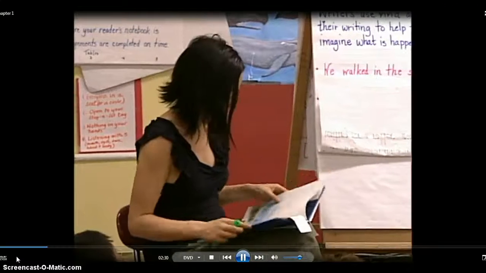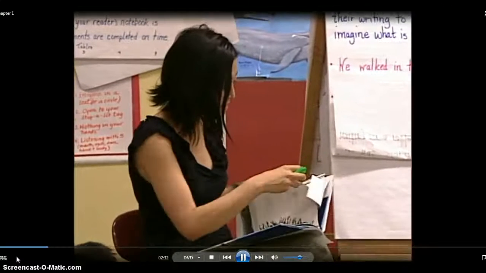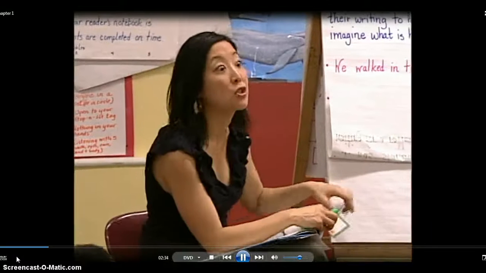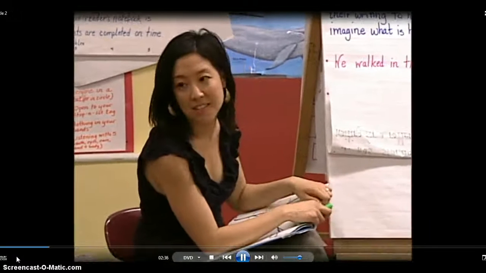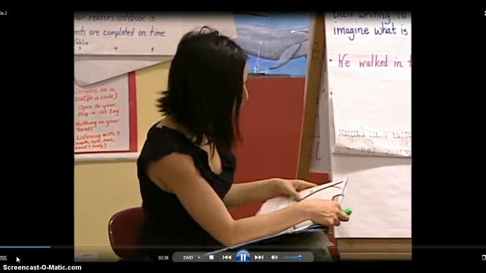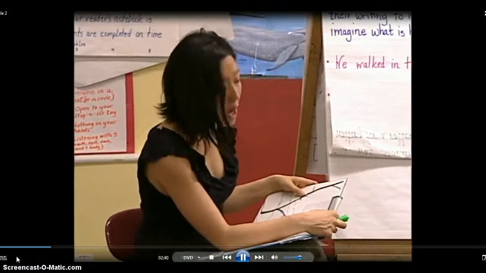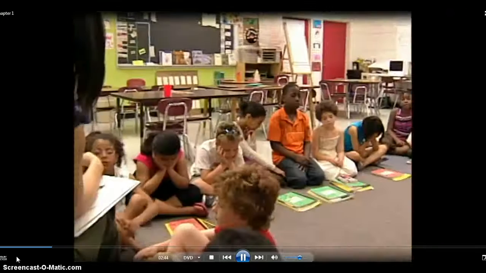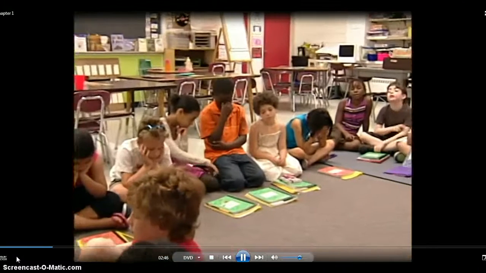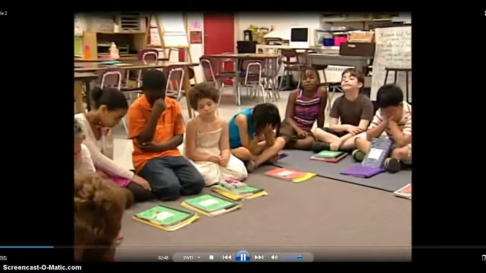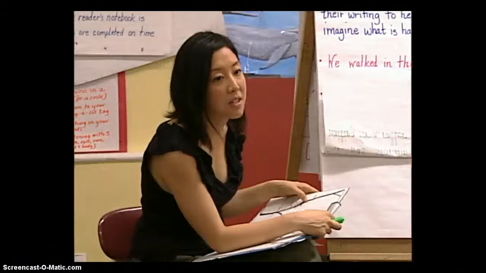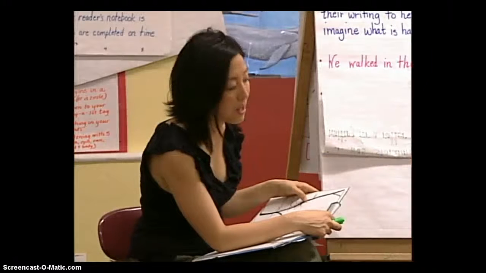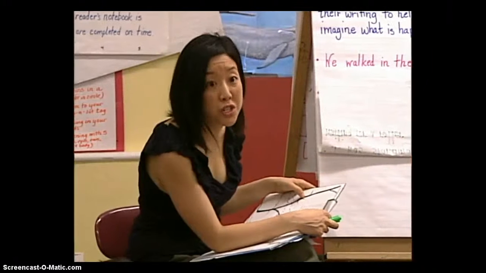Okay? I'm going to read it to you again, and I want you to try to imagine this. Close your eyes. Our feet crunched over the crisp snow, and little gray footprints followed us. Our feet crunched.